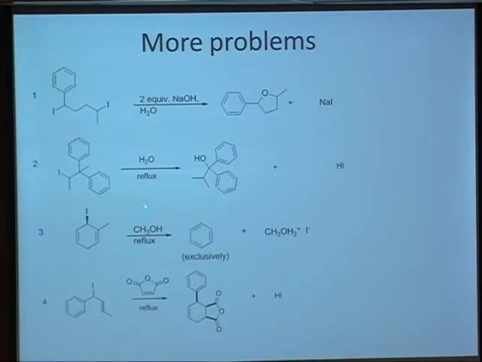I'll go back. Now, on question number 2, what kind of condition is this? SN1, E1, SN2, E2? First order, right? Good. So first order conditions give you what? A carbocation? We're doing number 2.